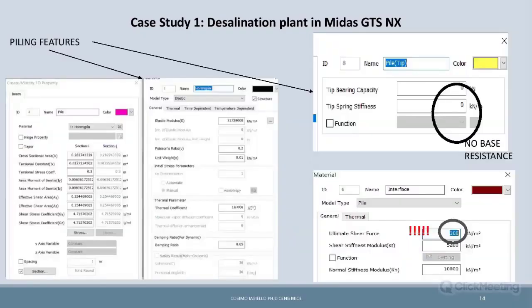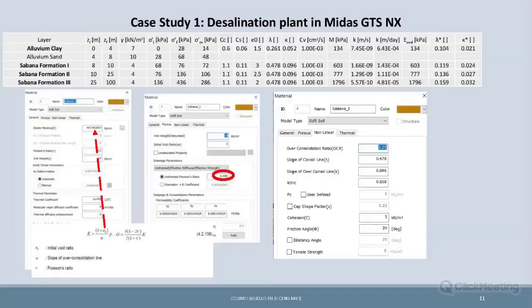I mean, here, if we go back, sorry, here. Here we use the soft soil depending on the Young modulus, so depending on the deformation and the Poisson ratio.